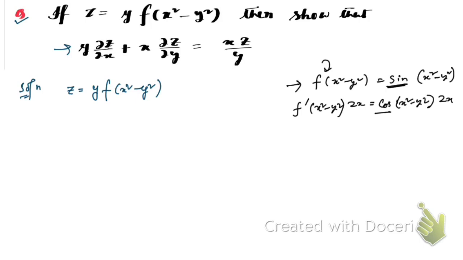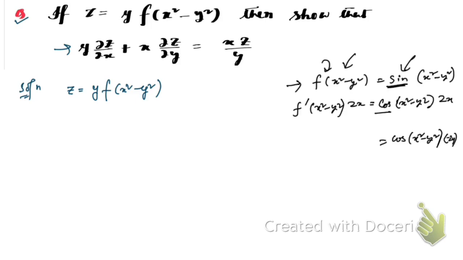Similarly, if you differentiate with respect to y, then again the derivative of sine, you're going to get cos of x square minus y square, and the derivative of the term within the bracket gives you minus 2y.